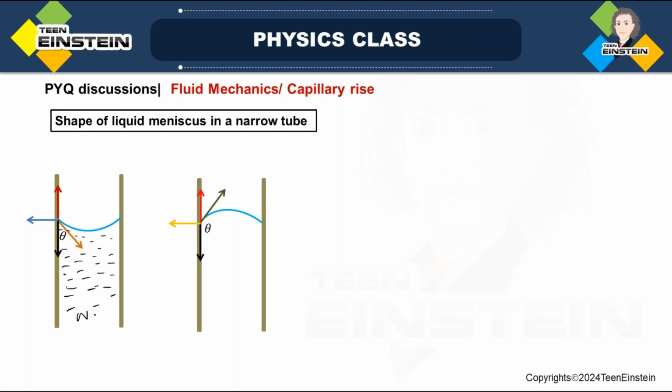So this is water and this is glass, and this is mercury. Okay, and this is glass. Okay, this is mercury and this is glass.